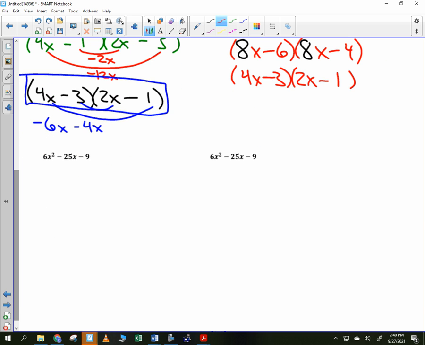You try this bottom one. You can either guess and check, or you can use the AC method. Either option is up to you. You try to see if you can factor it by using one of those 2 methods. Go ahead.